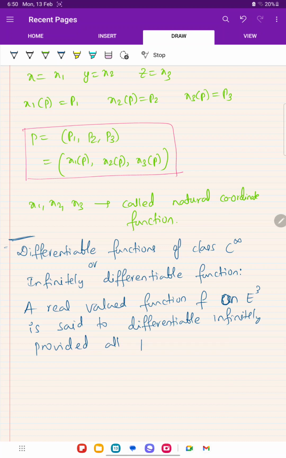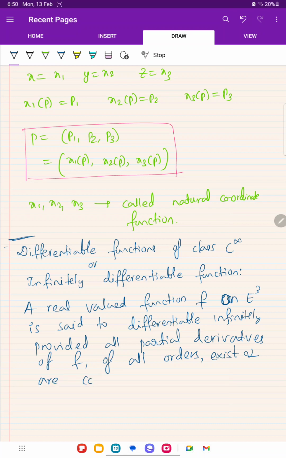all partial derivatives of f, of all orders, exist and are continuous.